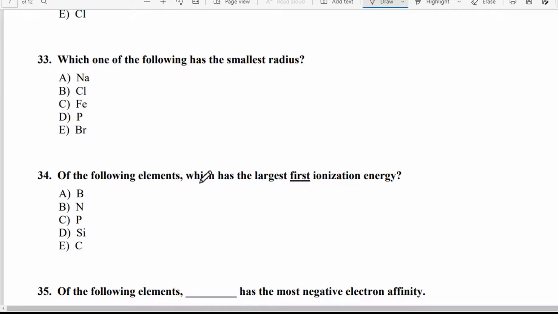So all of this comes back to effective nuclear charge. And if you understand how to estimate effective nuclear charge, then everything else is going to make sense to you.